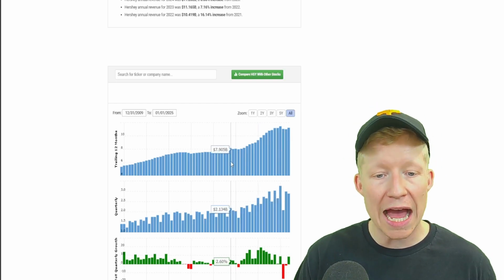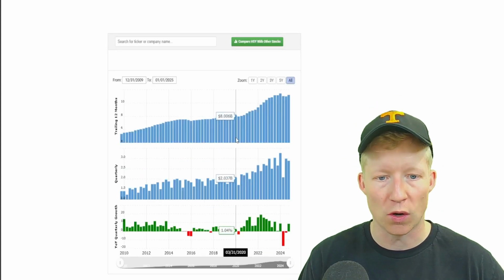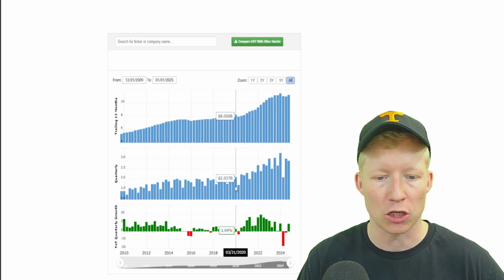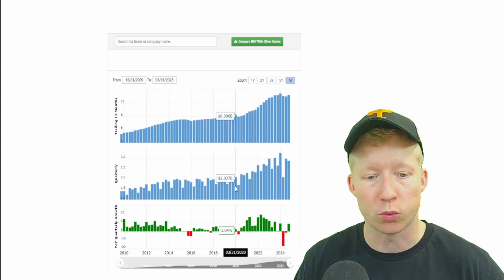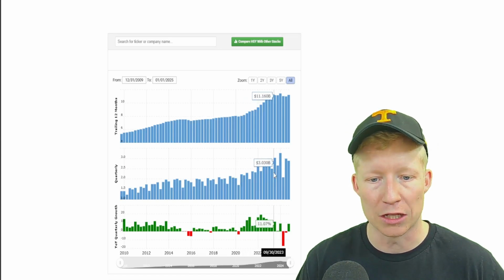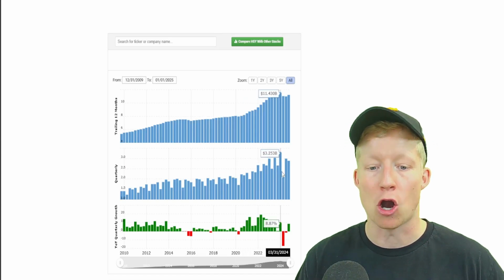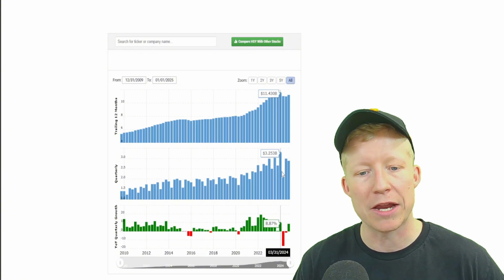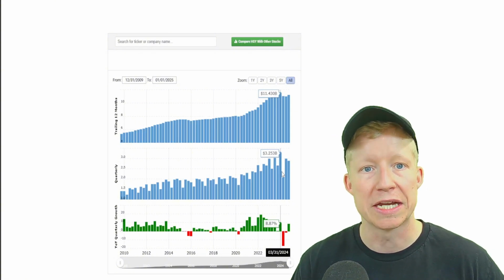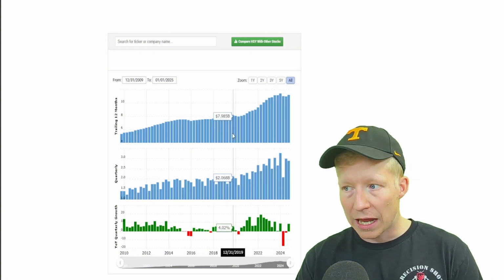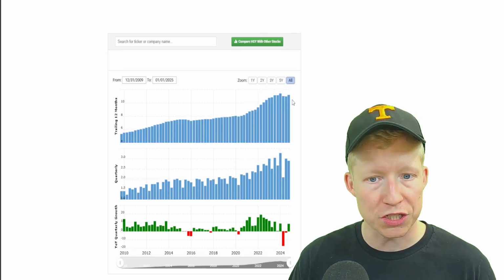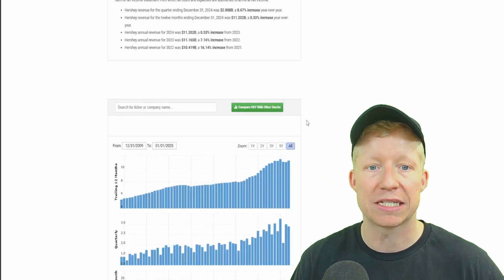But look at the growth since 2020. In March of 2020, the company made $2 billion. And in March of 2024, the company made $3.25 billion. This company has a great growth story, even if not the best year.